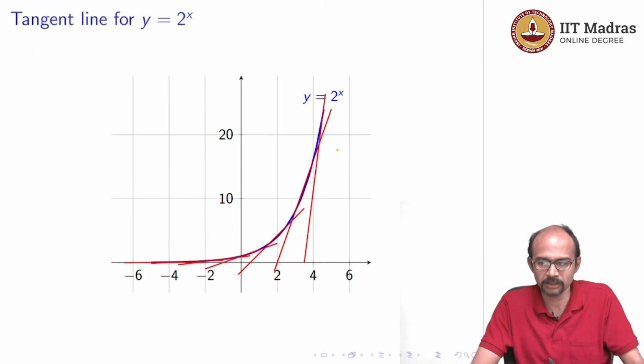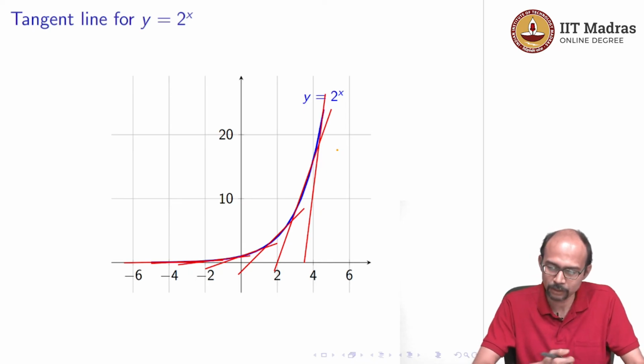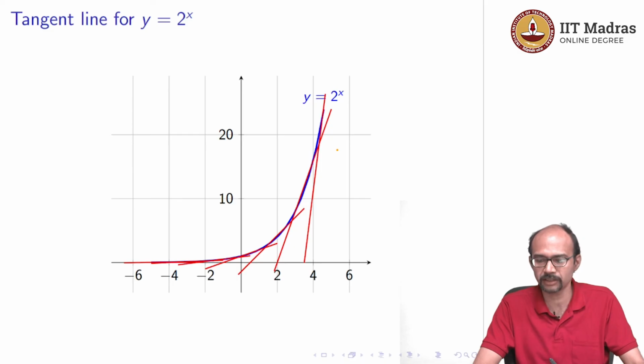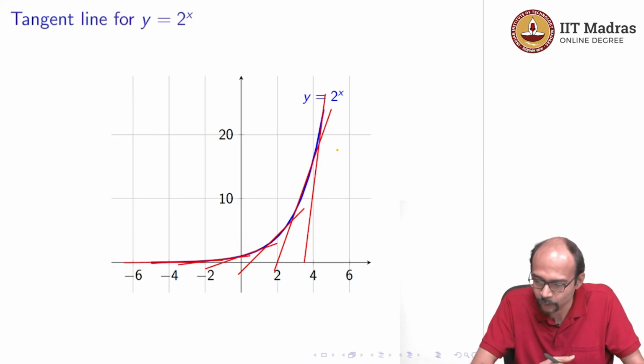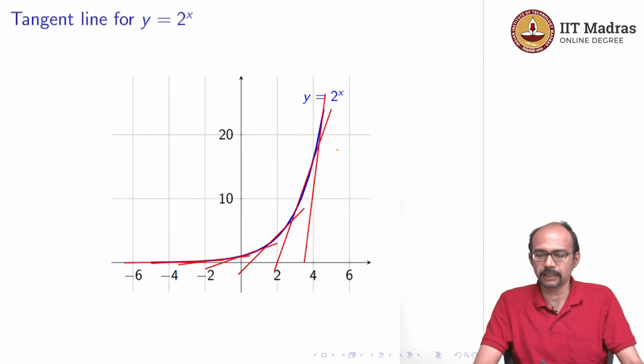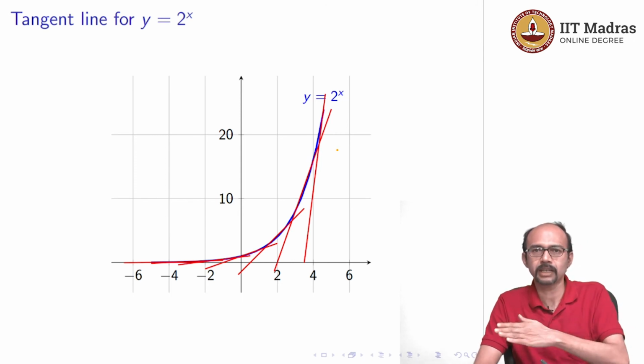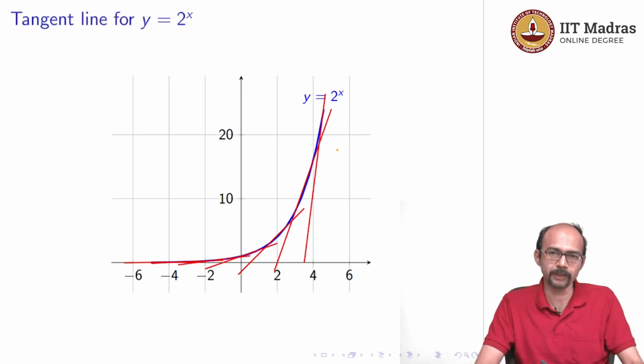Okay, let's do one more example. Here's y is equal to 2 to the power x, and you can see the tangent lines are really describing this graph very well, although some of them may not have been as well drawn as they should have been, but nevertheless they describe this curve extremely well.